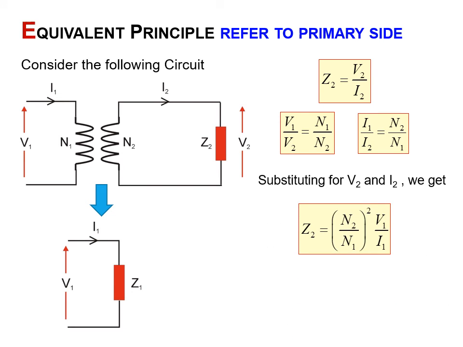If we substitute for V2 and I2, we get that Z2 is equal to (N2 over N1) squared times V1 over I1.